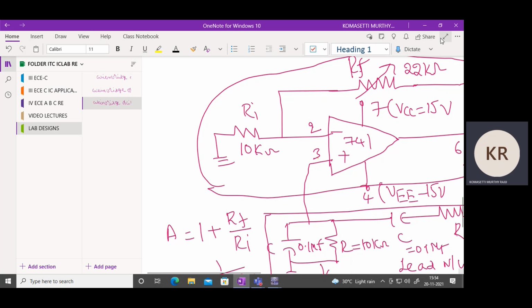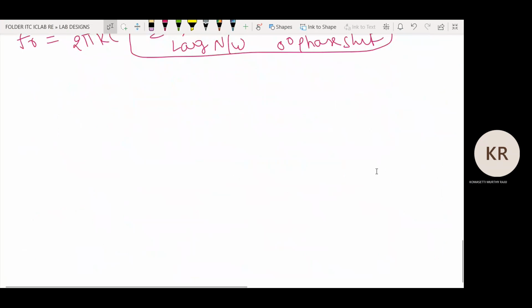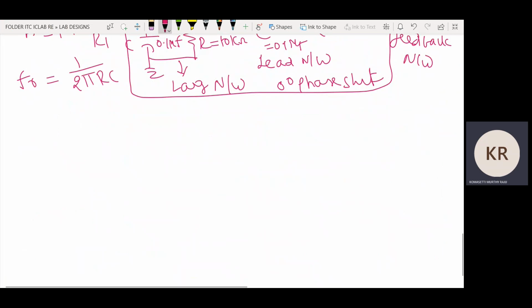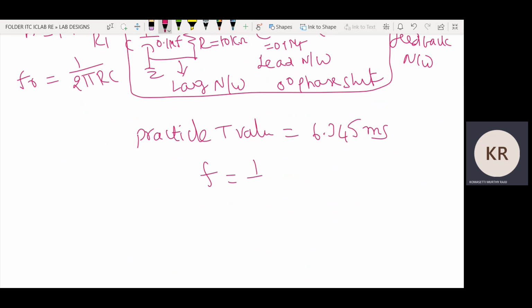Practical T value is 6.345 milliseconds. F is equal to 1 by T, 1 by 6.345 milliseconds. That means 1000 divided by 6.345.